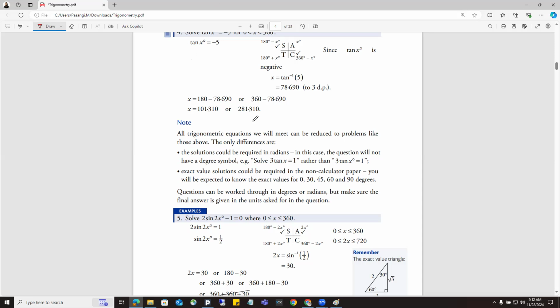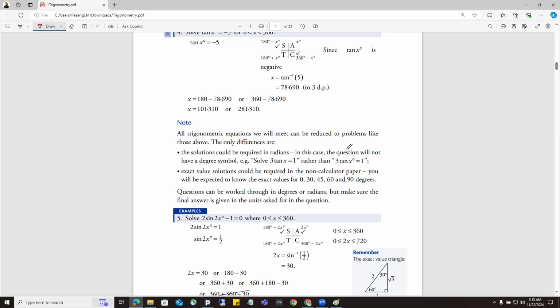That is set. So there they have mentioned a note: all trigonometric equations we will meet can be reduced to problems like those above. The only difference is the solutions could be required in radians. Now remember, for trigonometric solutions we should keep those solutions in radians.